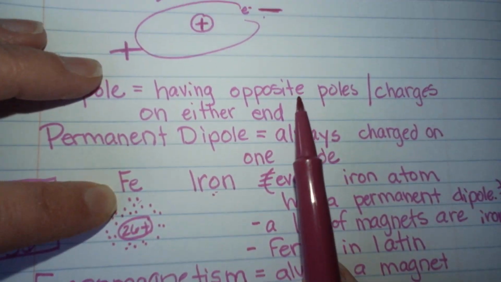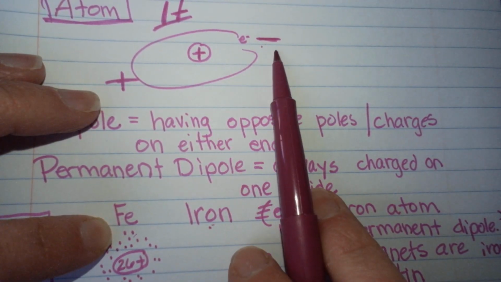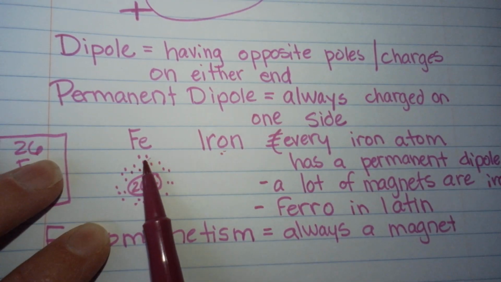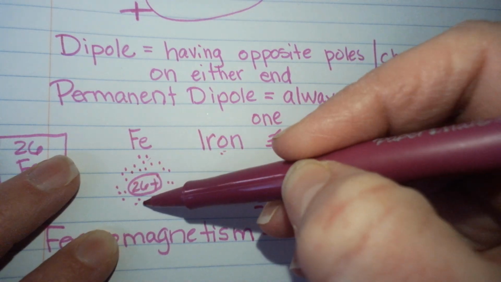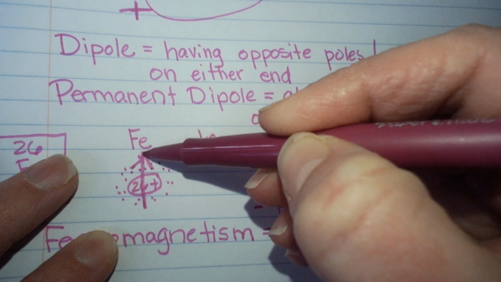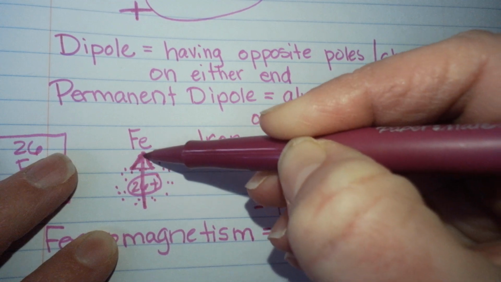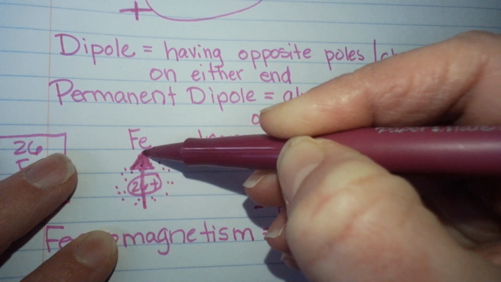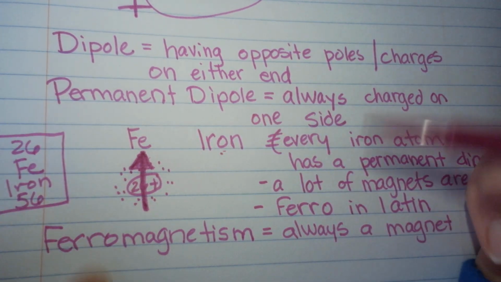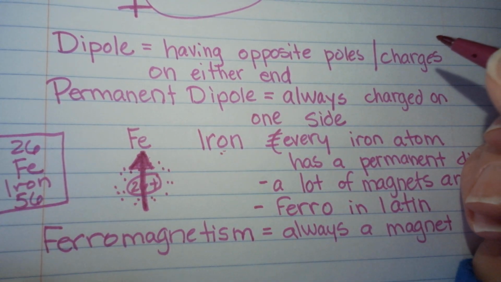So we think about our imaginary atom, it had a negative side and a positive side. Iron, because of these 2 extras, has a negative side and a positive side kind of all the time. Okay, so I'm going to draw my arrow to point to where that negative side is.